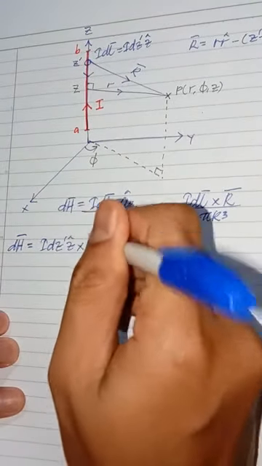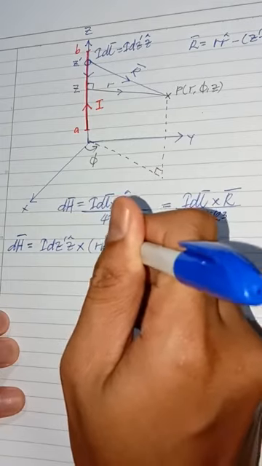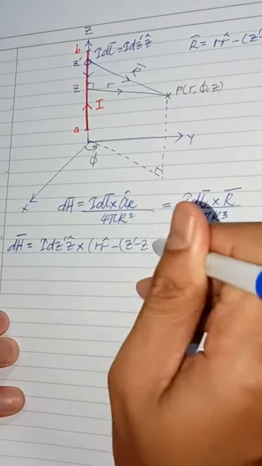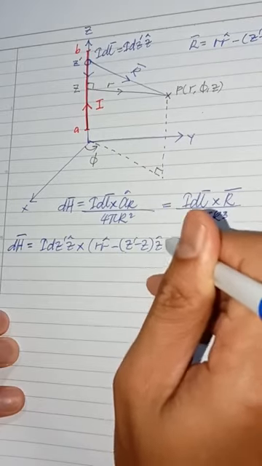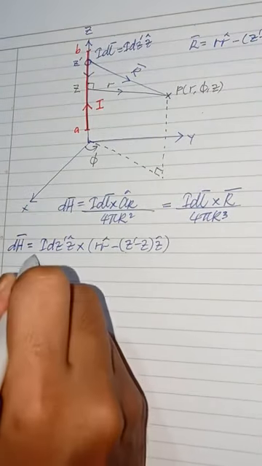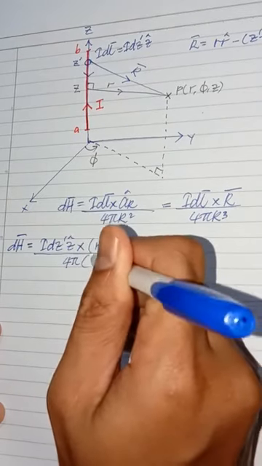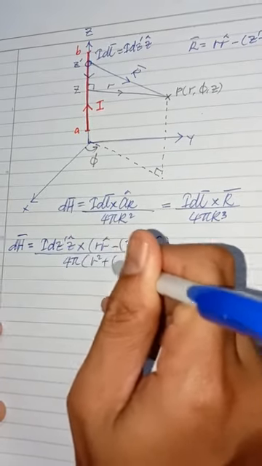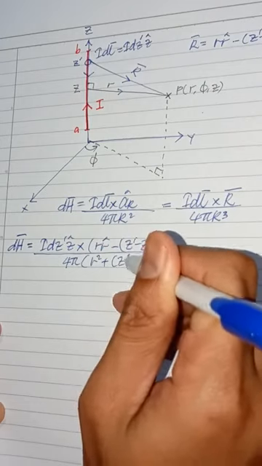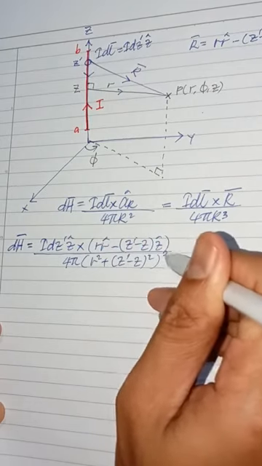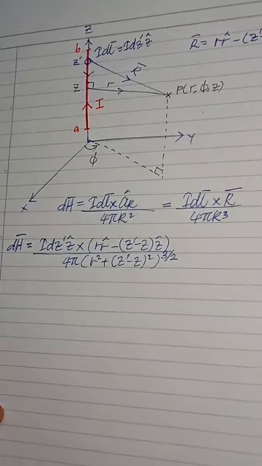cross the vector R component minus z prime minus z component over 4 pi r squared plus z minus z prime squared to the power 3 over 2.